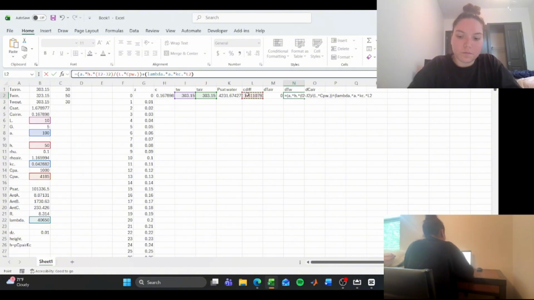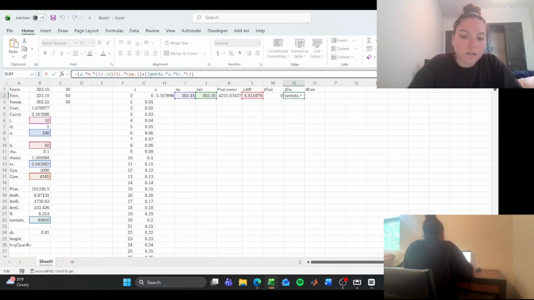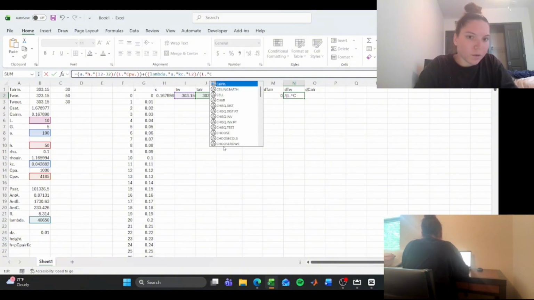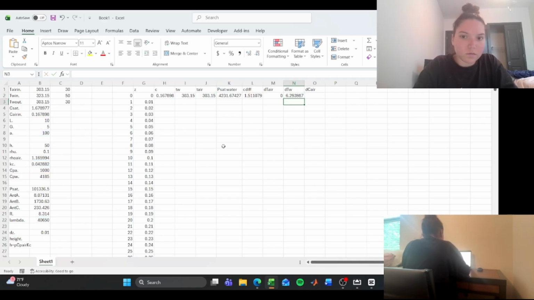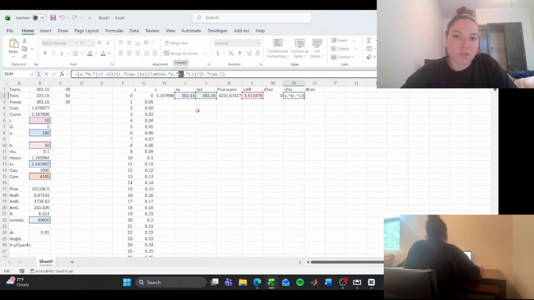And then this should all be divided by the liquid flow rate times the heat capacity of water. Sorry, also up here I said this variable wrong. This is the mass transfer coefficient.